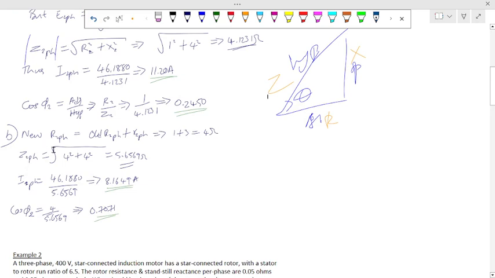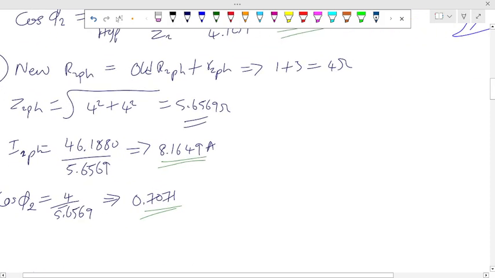When we calculate our impedance, R will be 4 and the reactance remains the same. That gives us our new impedance of 5.6569, meaning our current per phase will change. The EMF per phase remains the same, and this will give us the result of our new current per phase.